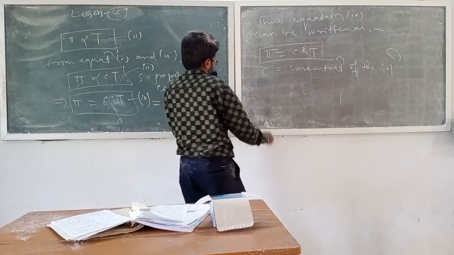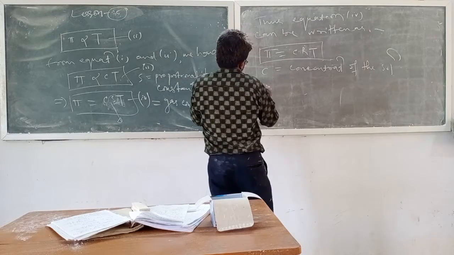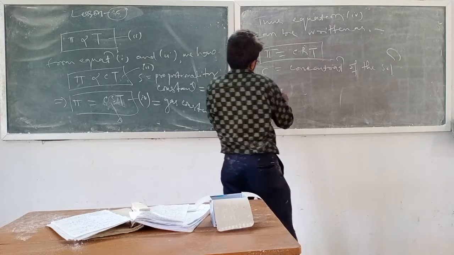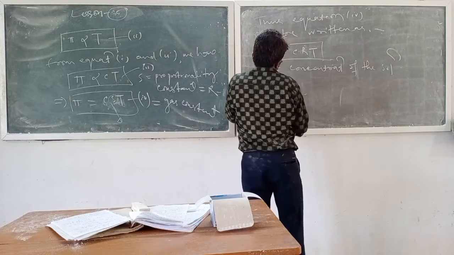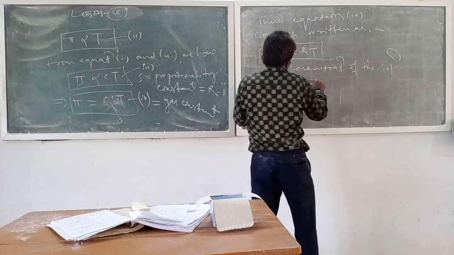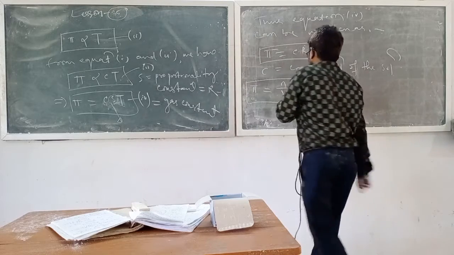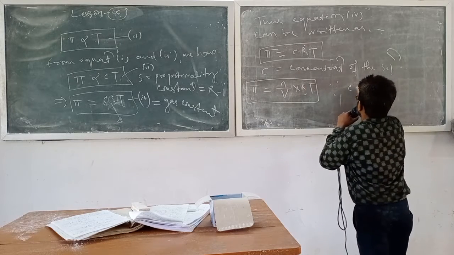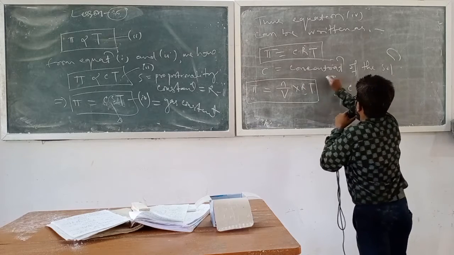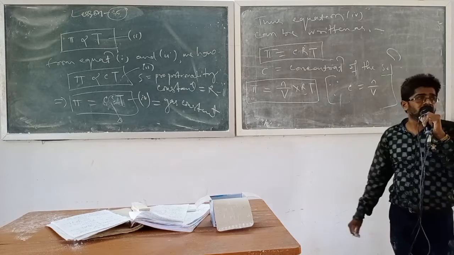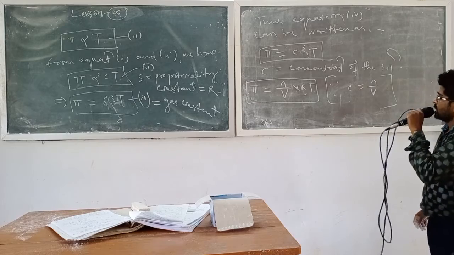Here pi equals N by V into R T. Here C equals N by V, because concentration is the number of moles of solute present in a given volume of the solvent.